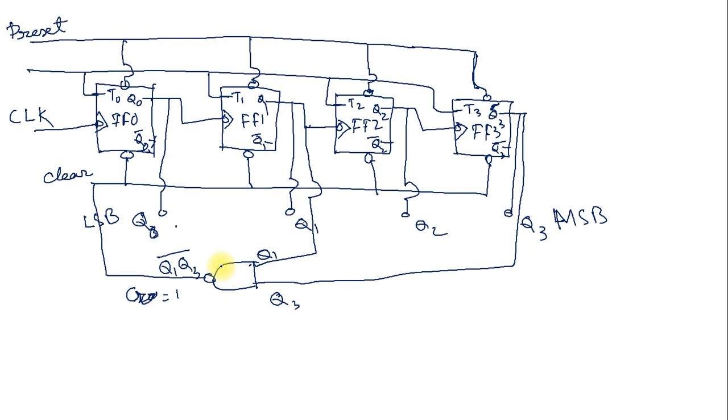After that, again it starts counting from 1, 2, 3, 4 up to 9. After crossing 9, again it is initialized by the clear input. So this counter works like this, and is called the decade counter or BCD counter.